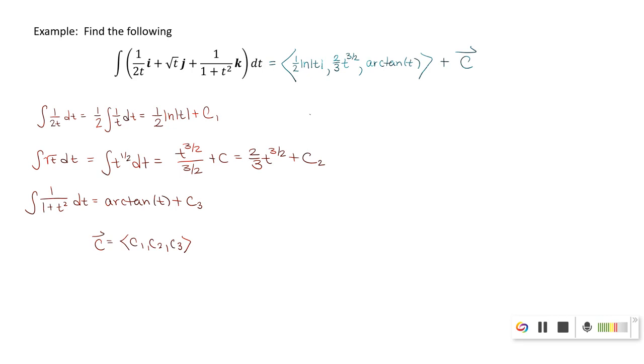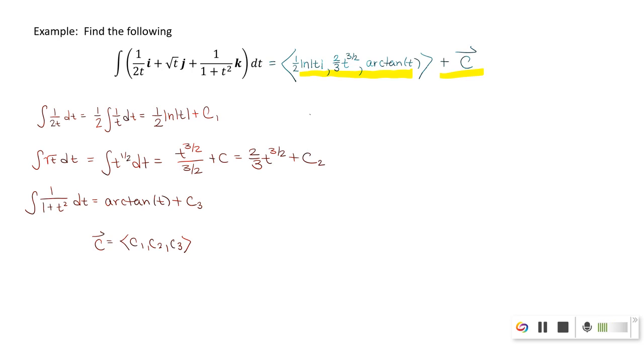And then I can just write my answer by listing my antiderivatives and then just tacking on plus constant vector. So that's a slightly different way of writing the answer. Either format is fine. I personally like this second format because then you just tack on a plus c at the end. Just make sure it's a plus vector c.